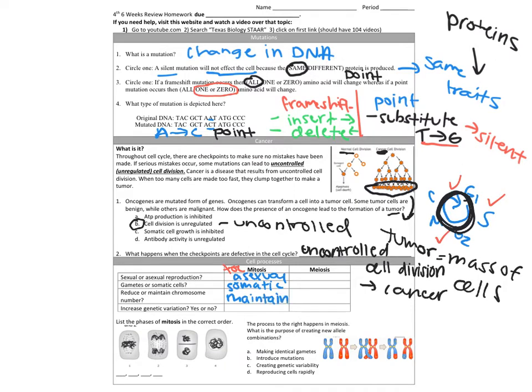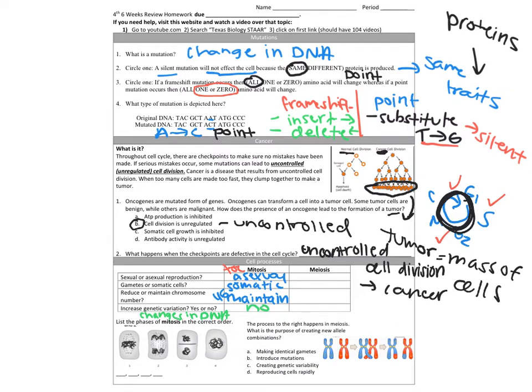Remember, all body cells have 46 chromosomes. And are we increasing genetic variation? Well, remember, genetic variation is changes in DNA. We know all body cells are exactly the same, so there's no changes in DNA. This is going to be no.